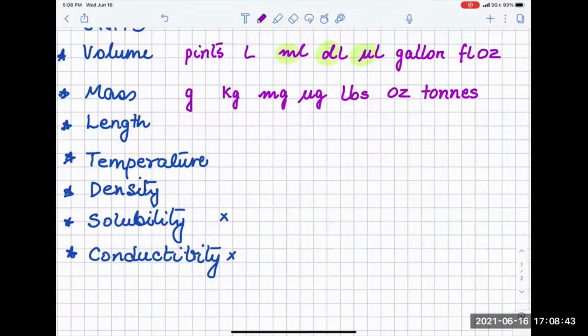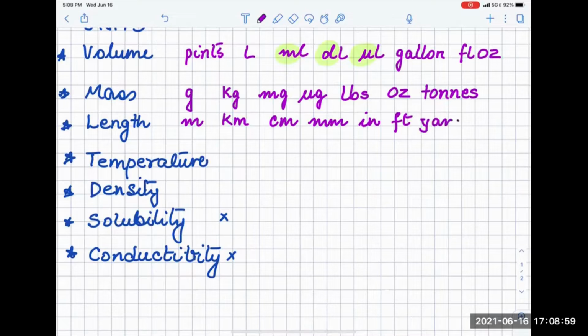Okay, now let's look at the length, the unit of length. Meters. Centimeters. Inches. Feet, kilometer, miles. What about the temperature? Celsius, Fahrenheit, Kelvin.